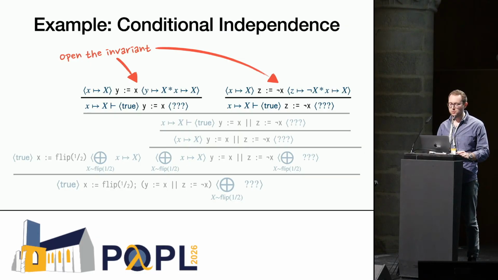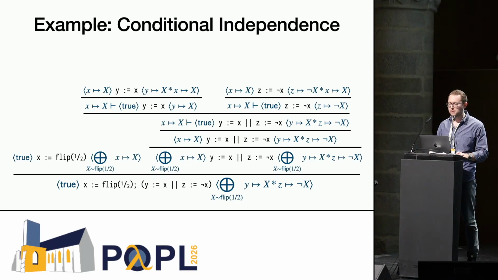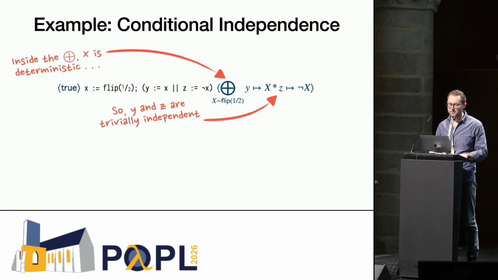So all we have to do is bubble all that information back down. And what we end up with is some sort of conditional independence assertion. So y and z are independent, conditioned on the outcome of this coin flip.